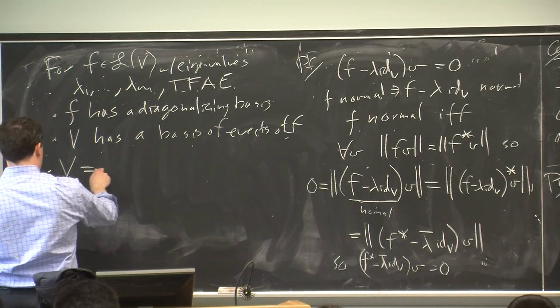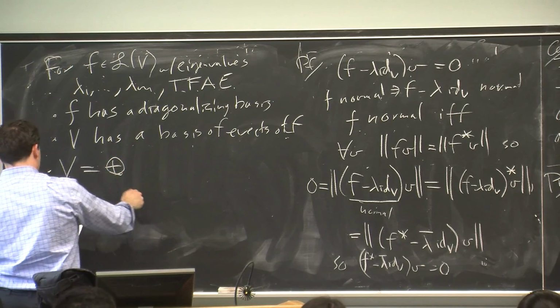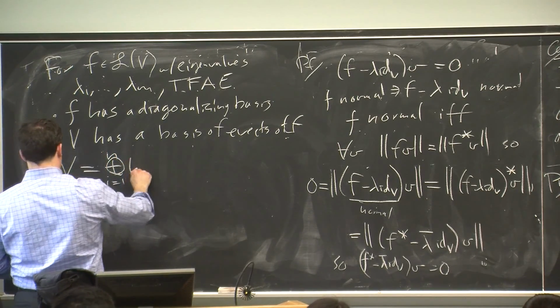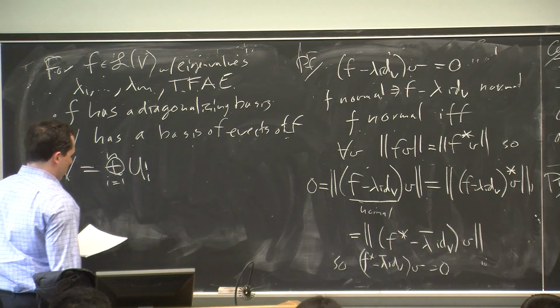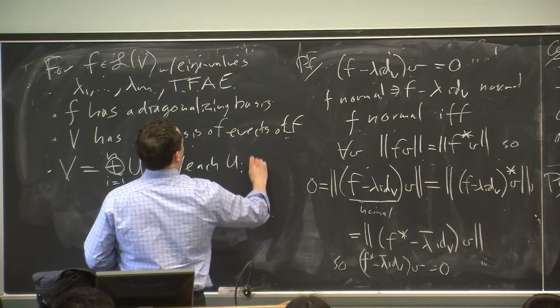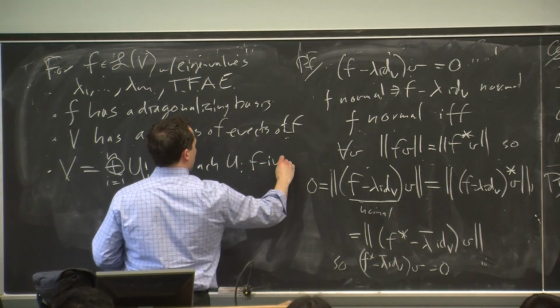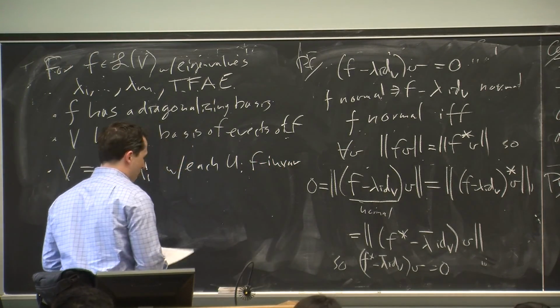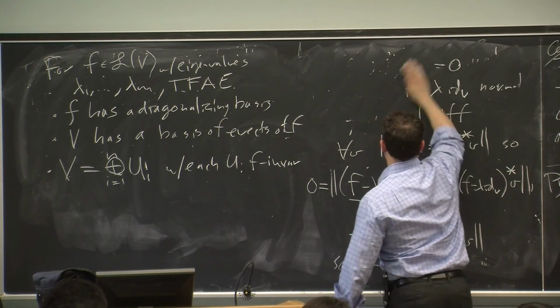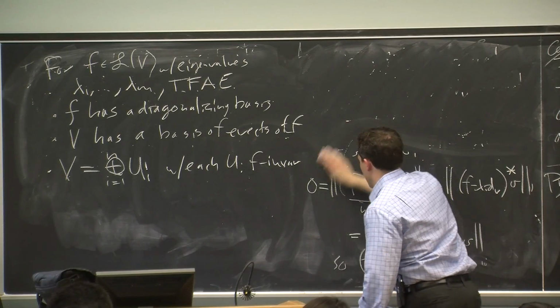Another way to say that sounds a bit different and requires some proof: V is equal to a direct sum of subspaces U_i, each of which was F invariant. And finally, we had two further characterizations.